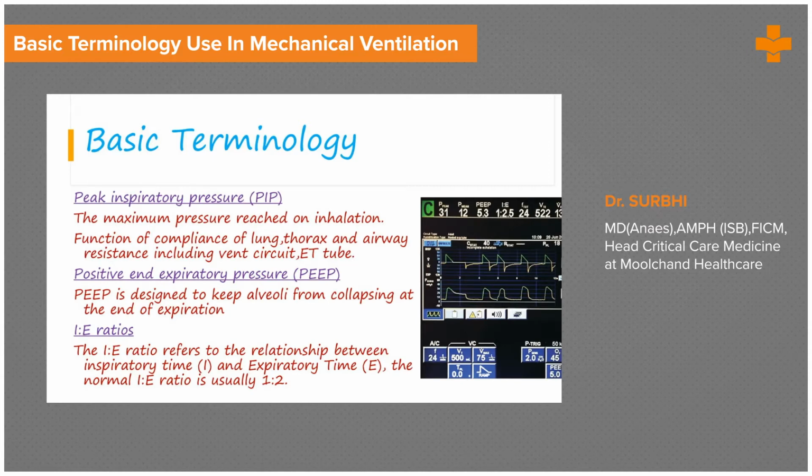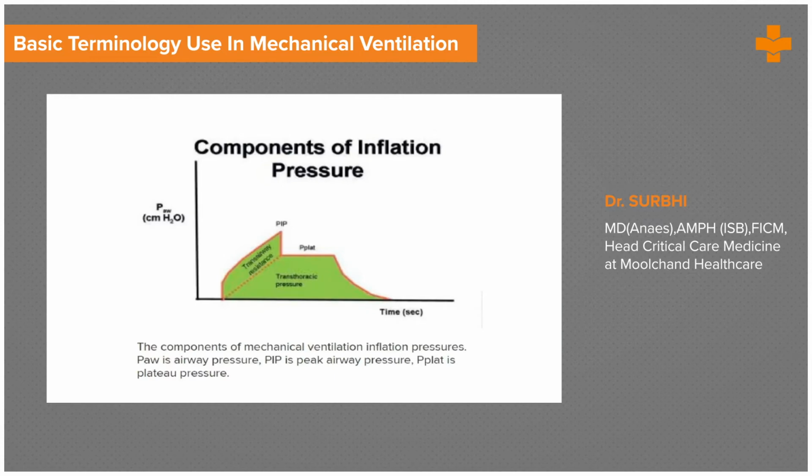The IE ratio refers to the relationship between the inspiratory time and the expiratory time. The normal IE ratio is 1:2. That is, if one part of the whole breath is inspiration, two parts are expiration. This is what you were seeing. The peak inspiratory pressure, the plateau pressure. So the peak inspiratory pressure is a result of the airway resistance and the compliance of the lung.